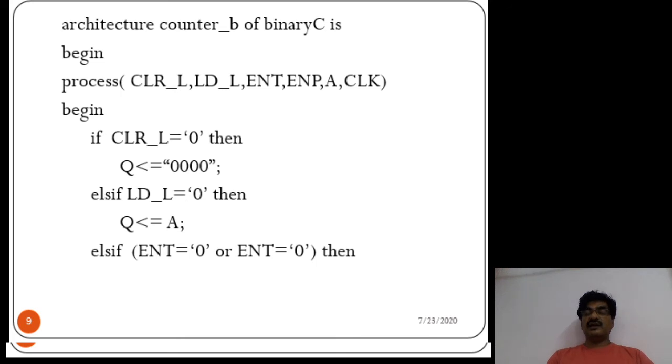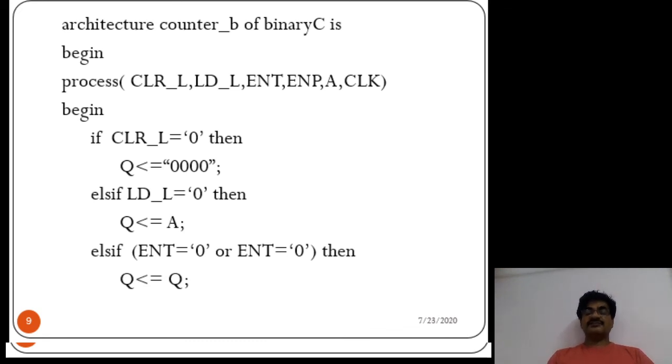If either ENT or ENP is equal to 0, then as per the truth table, the counter maintains the previous state only. That is why Q equals Q.